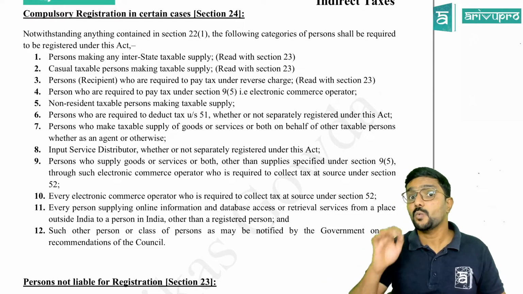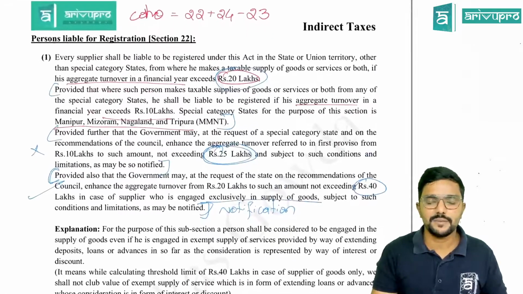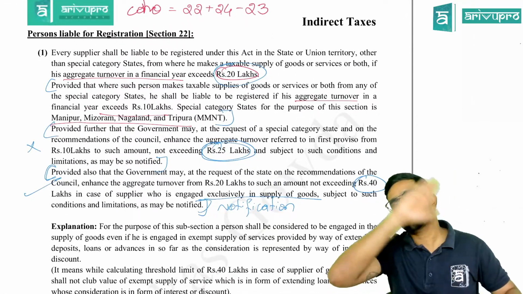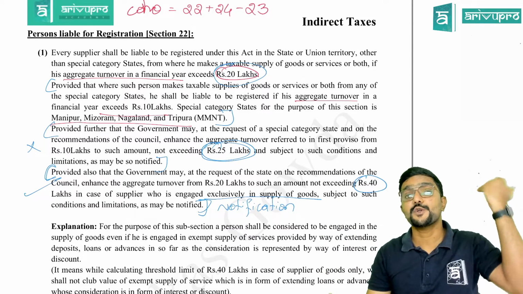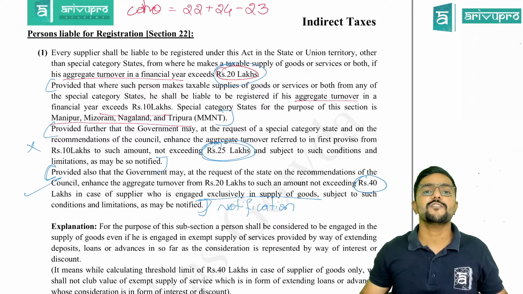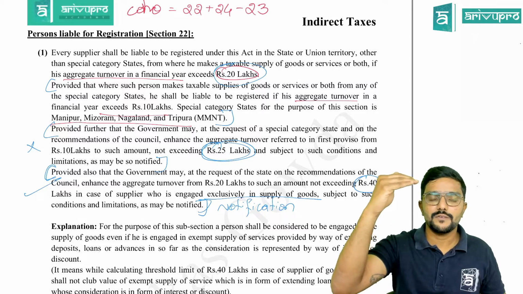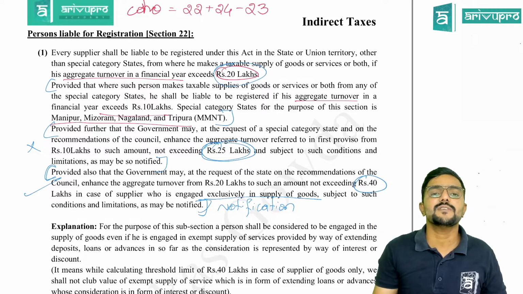In this, 22.1 is very important, guys. 22.1 talks about the aggregate turnover limit. Now it is very important because this point has relevance for different chapters also. Clear? As per explanation 2 of section 10 also, in the first year of business or profession, for the purpose of paying tax, you should exclude the registration limit applicable for the person.